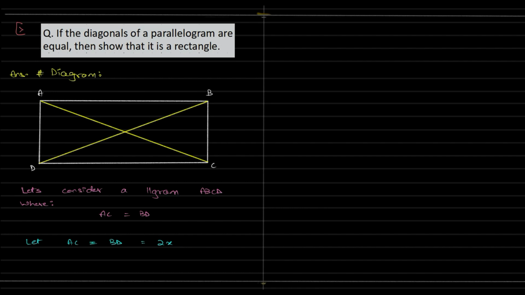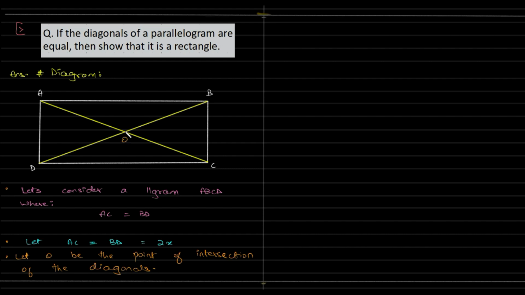I'll show you why. Then let O be the point of intersection of the diagonals.